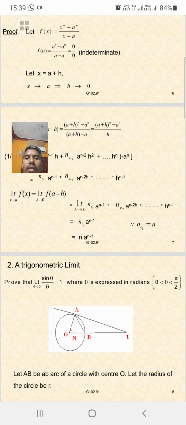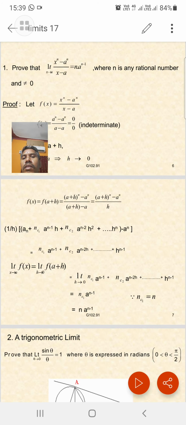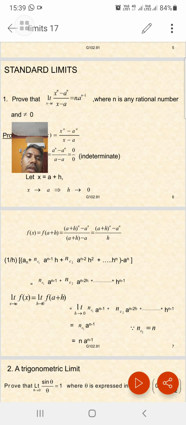One proof we did is limit x tends to a, x power n minus a power n by x minus a equals n into a power n minus 1.